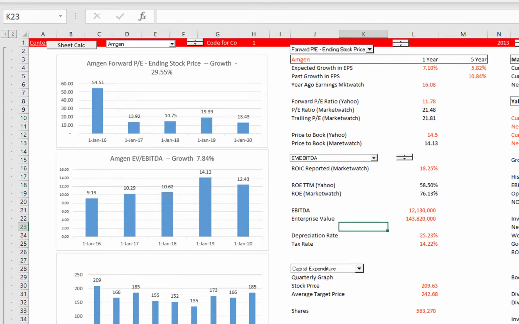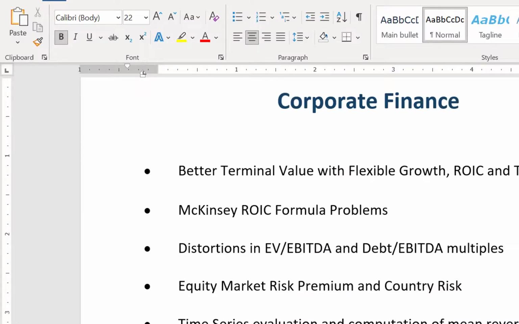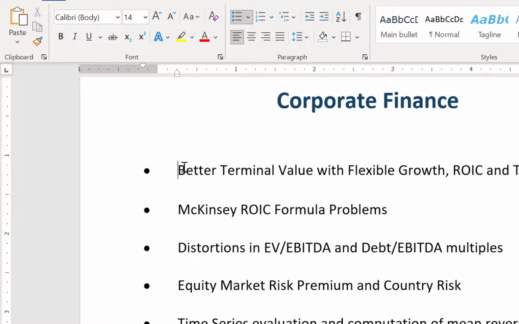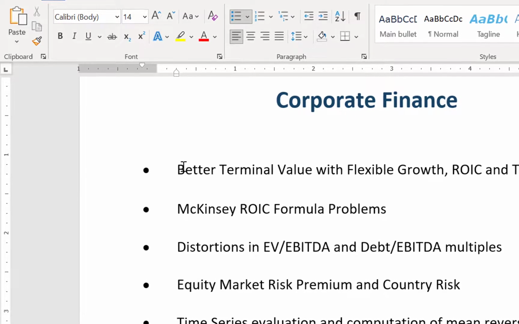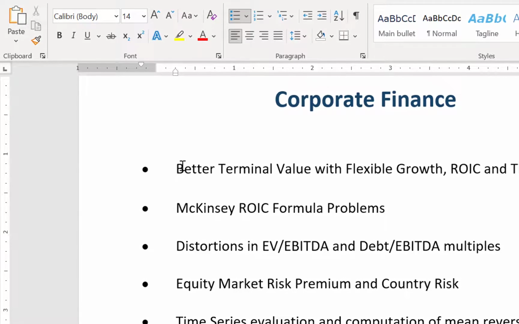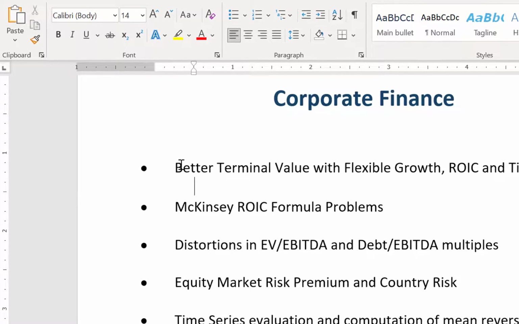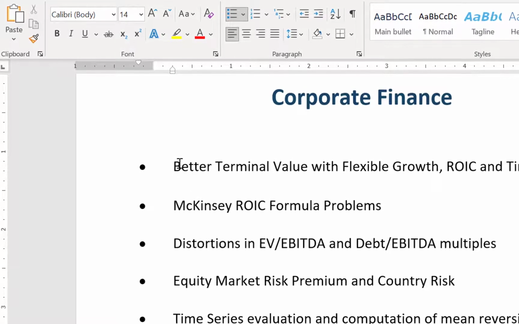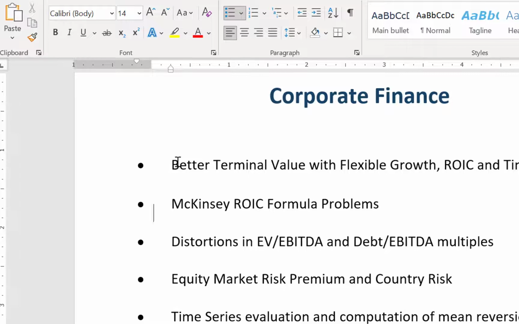Now, one of the things I go crazy about is comparing an EV to EBITDA ratio for companies with different asset lives. My proposition generally in corporate finance is that we can do so much better with a terminal value than the classic methods.